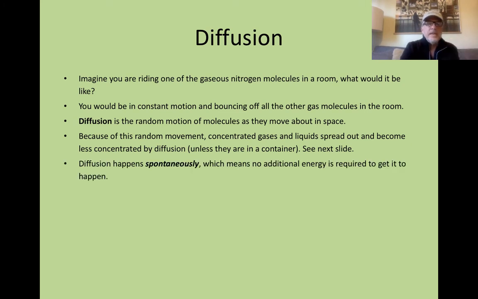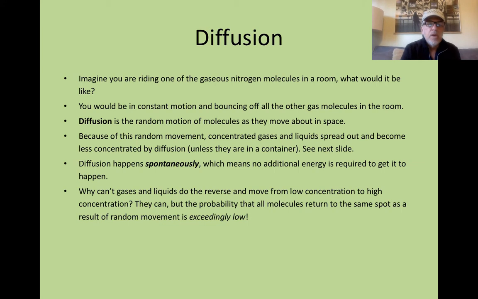Diffusion happens spontaneously, and when we use the word spontaneous, we mean no additional energy is required to have this happen. Why can't gases and liquids do the reverse and move from low concentration to high concentration? Well, the answer is in statistics.